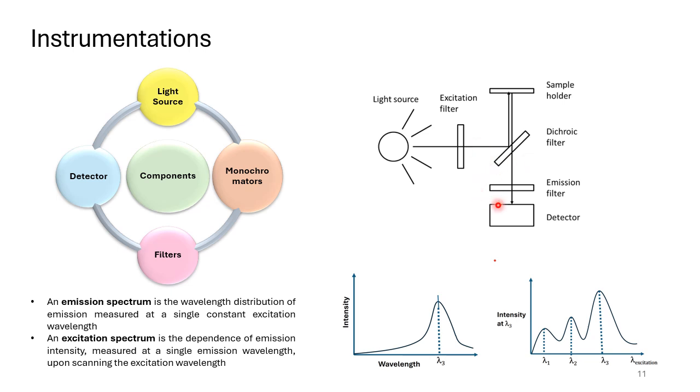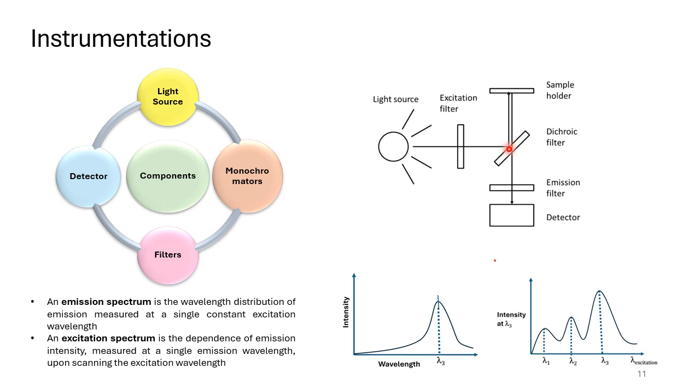Next is the emission filter, which transmits the emission light only, and through this the light goes to the sample holder where our sample is. After interacting with the sample, it comes back to the dichroic filter.